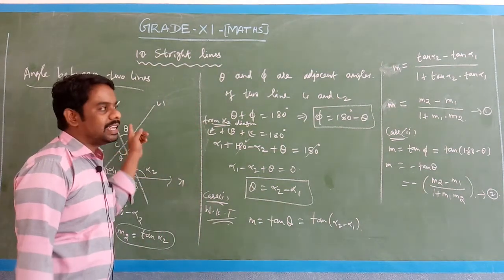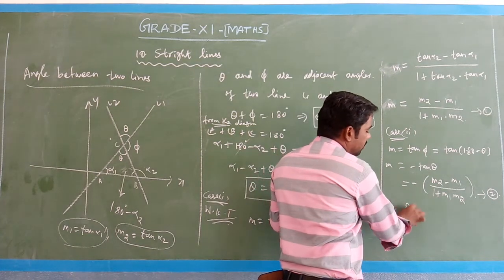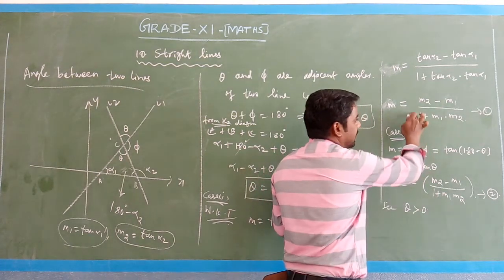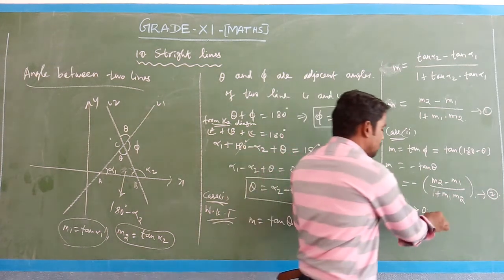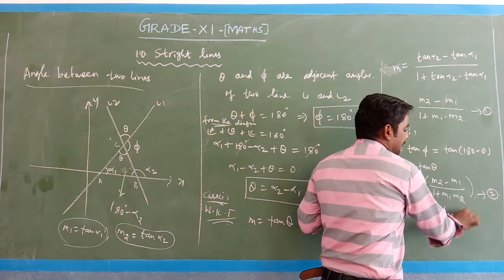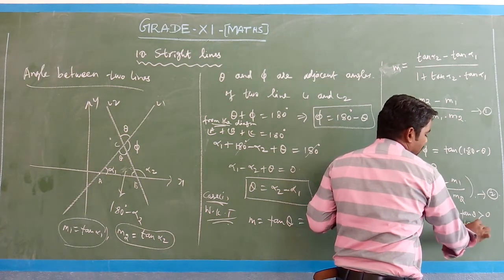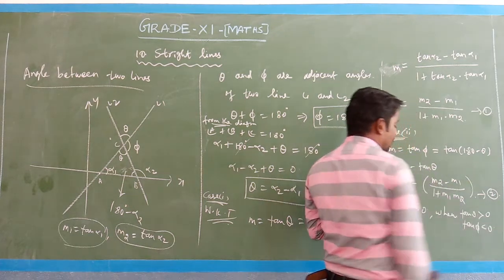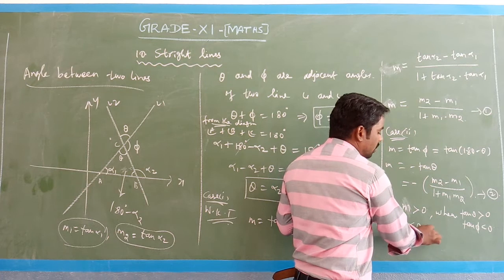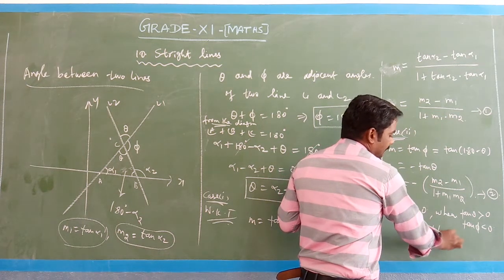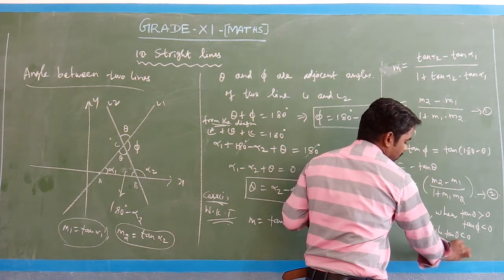When theta is positive, the m value is positive. When tan theta is positive and tan pi is negative, from equation number 2, m is less than 0. Here tan theta is negative and tan pi is positive.